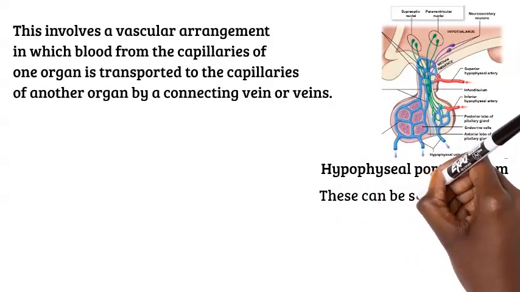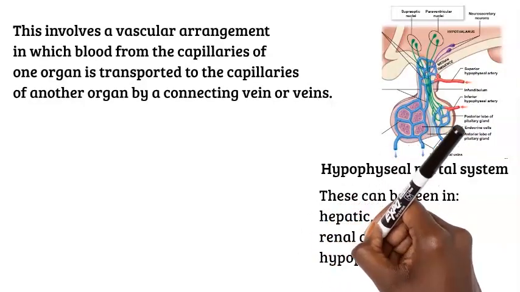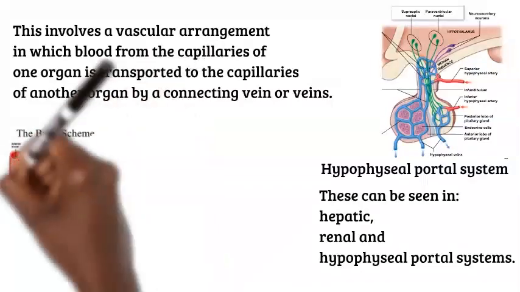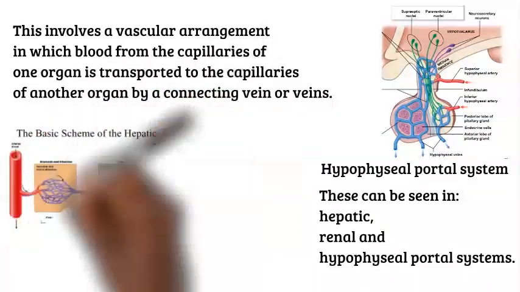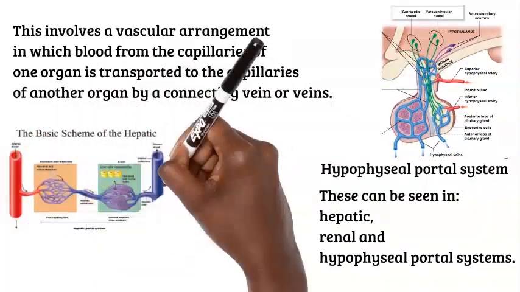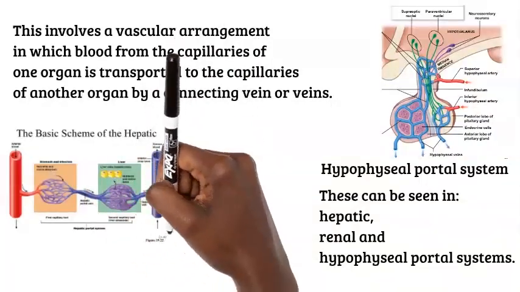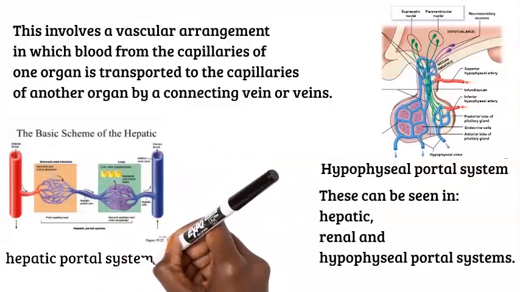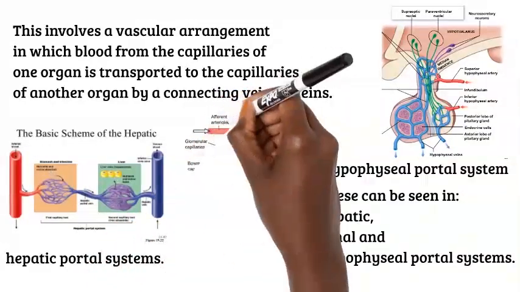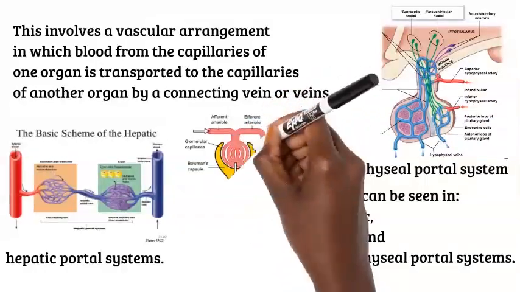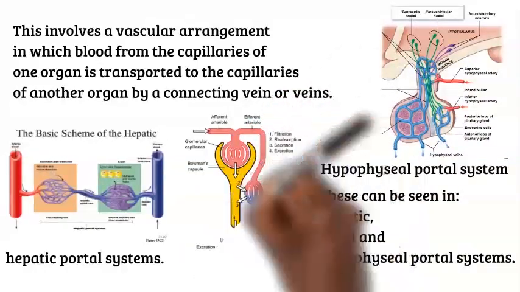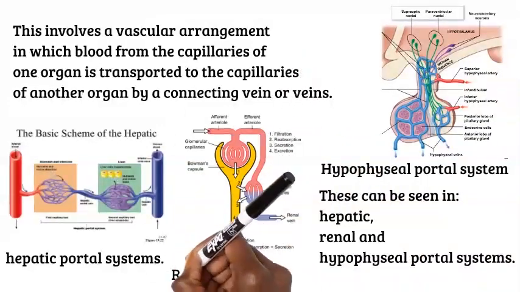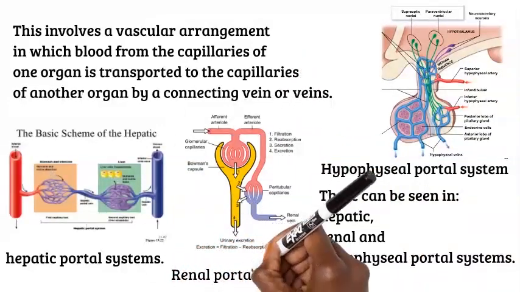Now, this type of circulation can be seen in the hepatic, renal, and hypophyseal portal systems. The portal vein drains almost all of the blood from the digestive tract and empties directly into the liver. In the kidney, nephrons operate on the basis of portal circulation.